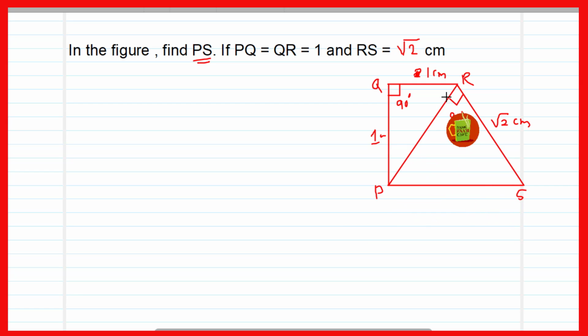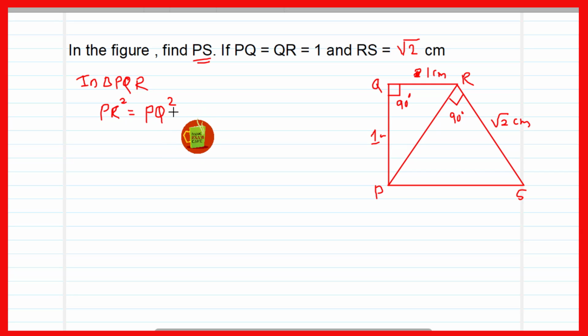So for that, first we will take this triangle PQR. In triangle PQR, since this is a right angle triangle, we can apply the Pythagoras theorem. So PR square, the square of the hypotenuse, is equal to the sum of the squares of the two legs, that is PQ square plus QR square.